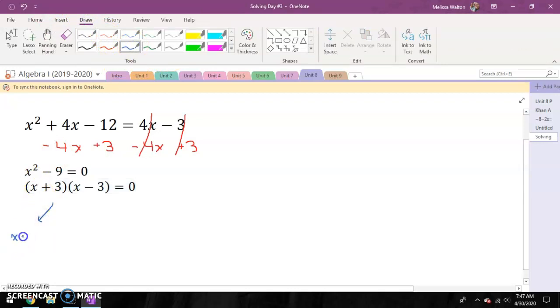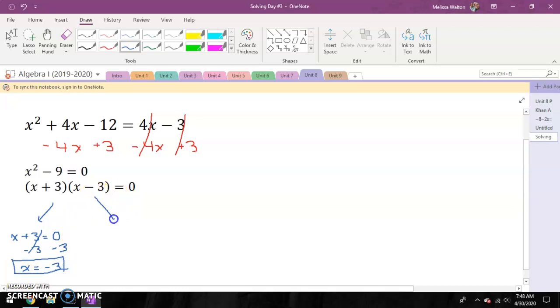If I have x plus 3 is equal to 0, and I subtract 3 from both sides, x equals negative 3. That is my first solution.